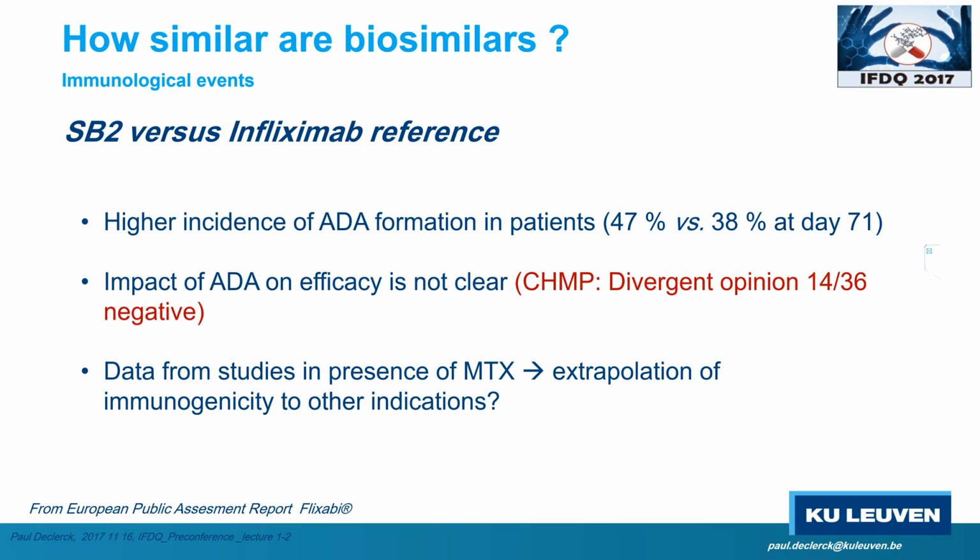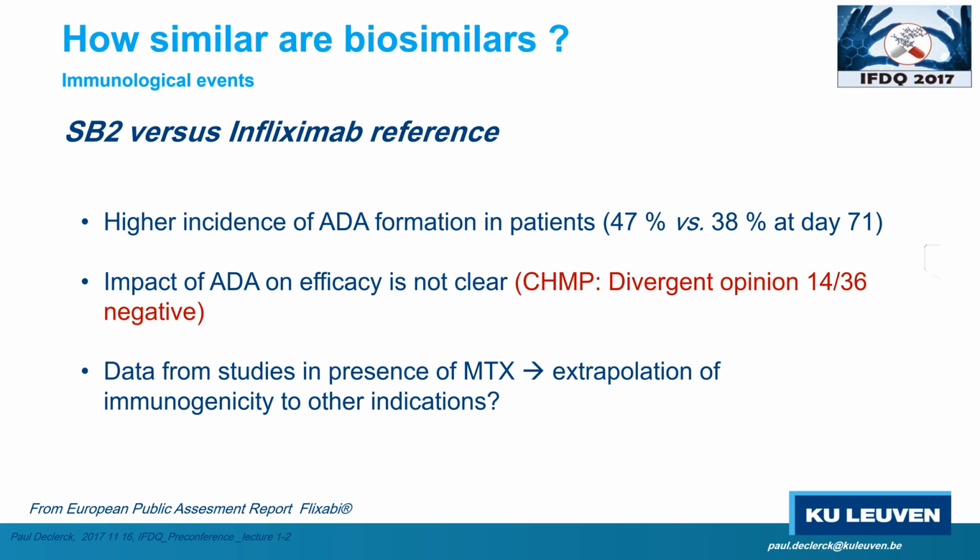One of the typical properties associated with infliximab, a chimeric monoclonal antibody, is that not all the patients, but within a period of 6 months, let's say on average approximately 40% of the patients will develop antibodies against the drug.